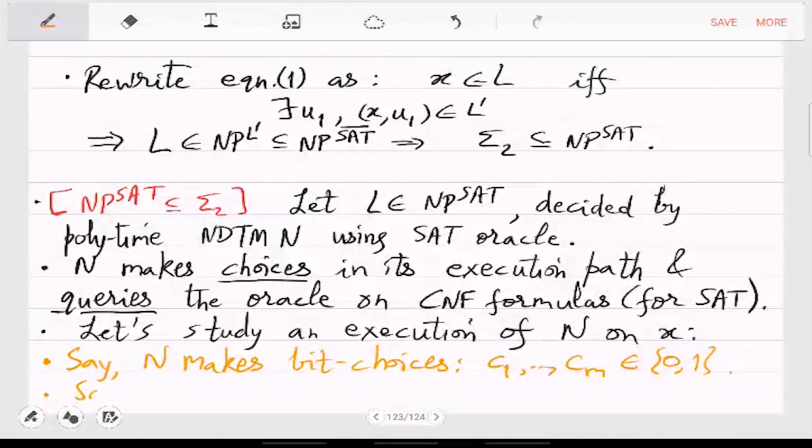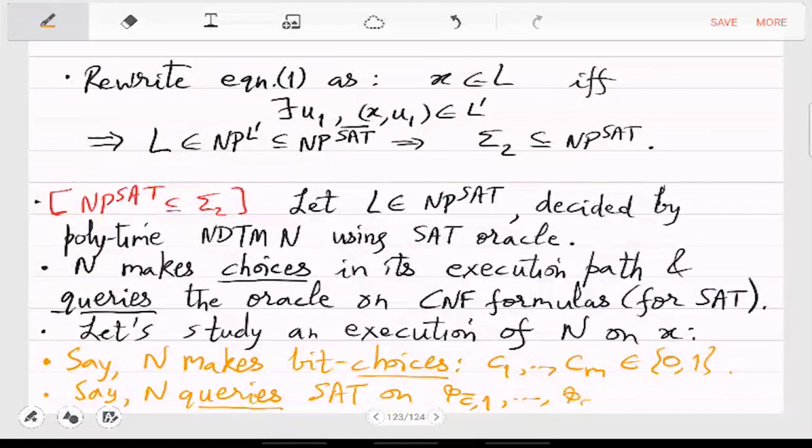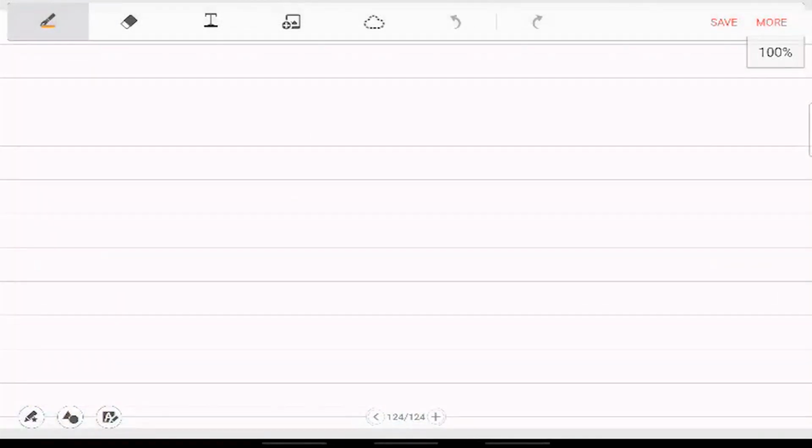And say N queries SAT on formulas phi, with these choices accounted for, that this is the first formula, then second formula, and finally k formulas, and gets answers E1, E2 dot dot EK, which are bits.